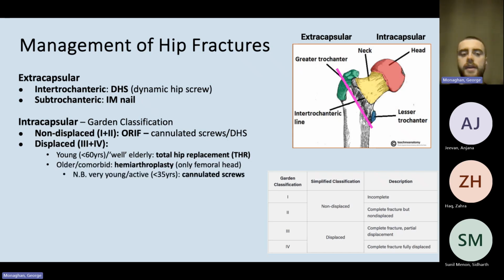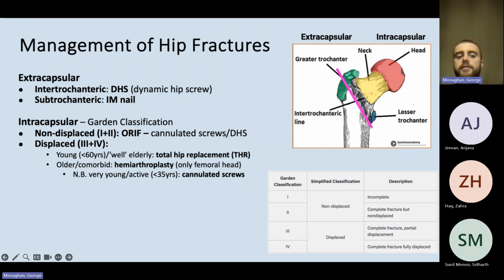But otherwise, we go for a hemiarthroplasty. That's like half of a hip replacement, really. You've got the hemi part, and it only replaces the femoral head. That's if the comorbidity part says, for example, an older person with dementia, which is a common one in a question, or they're just not very independent or mobile themselves.